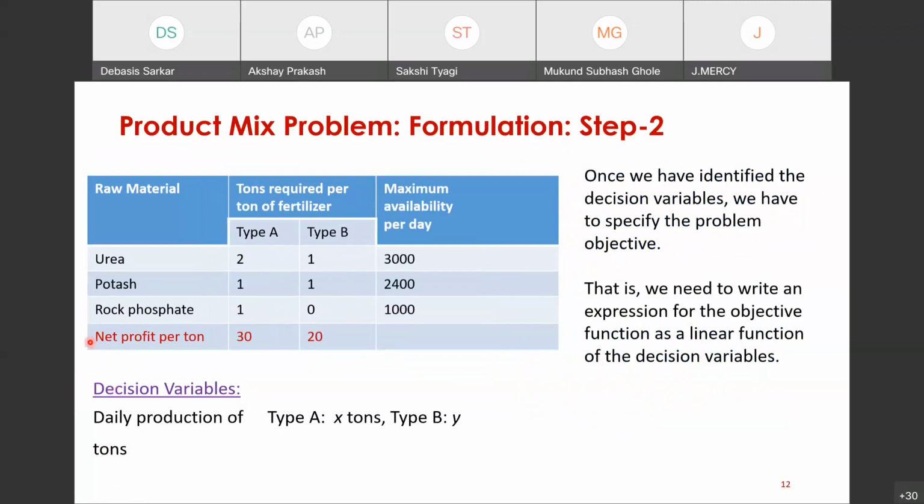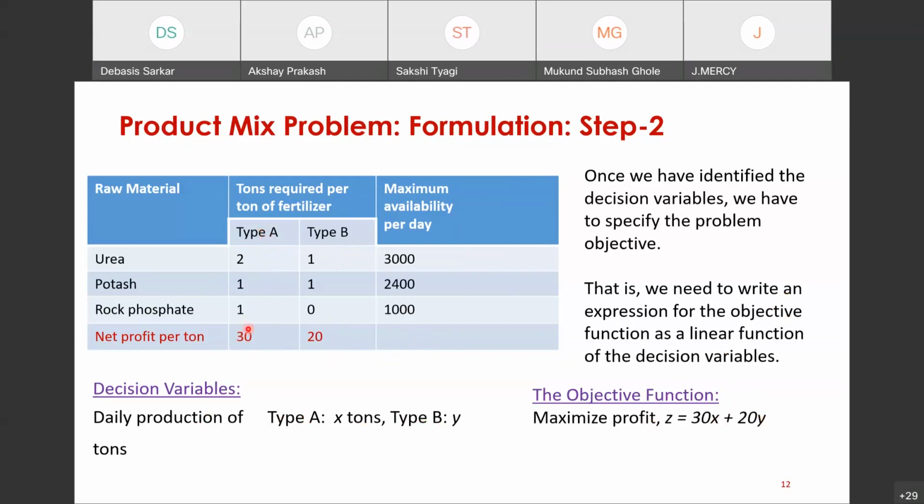So we now focus on this line, net profit per ton: type A 30, type B 20. I have chosen X tons of type A and Y tons of type B as decision variables. So I can quickly write my objective function as Z equal to 30X plus 20Y.